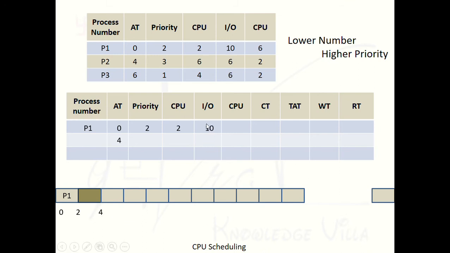It will require IO devices for 10 time units, so P1 will start using IO devices for 10 time units. Here, as I have discussed, we are dividing this Gantt chart into slots of 2 time units. If you want, you can divide it into 1 time unit, but right now, due to lack of space and feasibility with the data, I am dividing it with 2 time units.